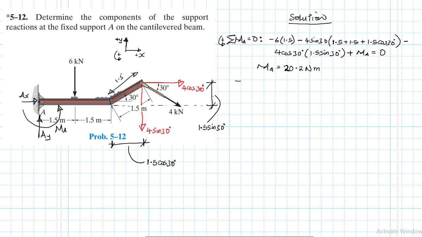So the summation of forces in the x direction is equal to 0, this direction being our reference positive. So we have AX plus 4 cos 30, and that's all, equal to 0. And therefore our AX, we change direction, is minus.